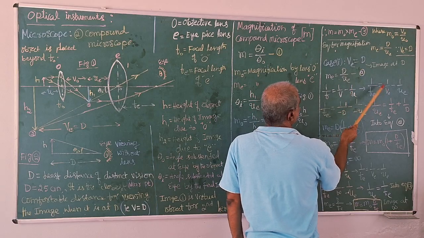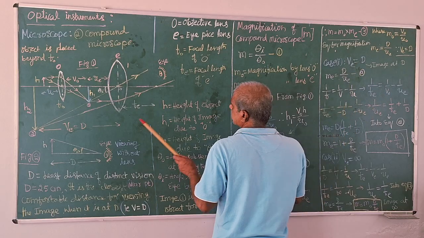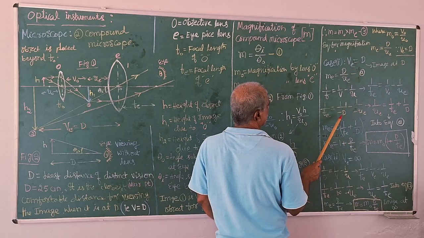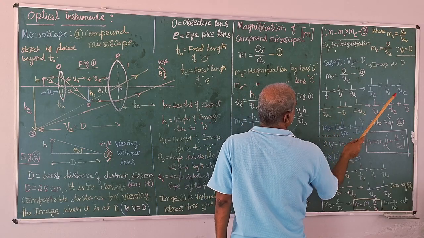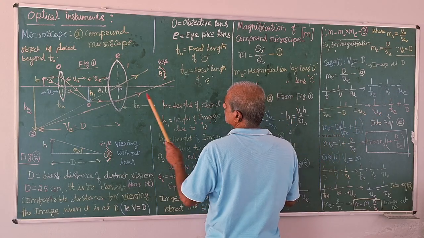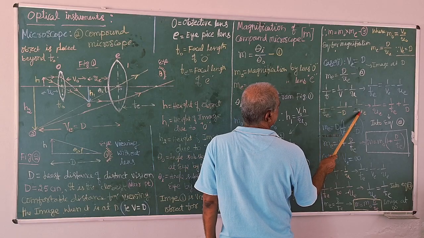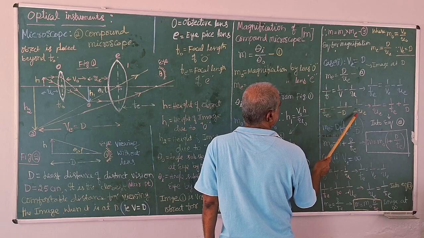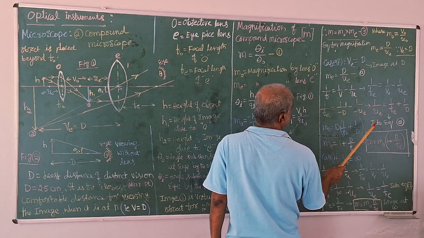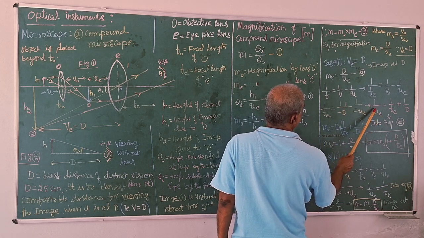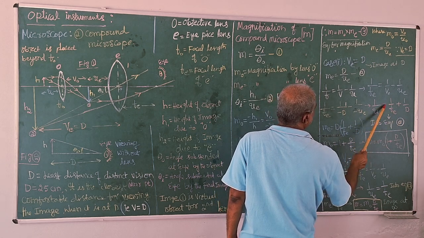Let us write v equals d for this. But d is minus in this direction, same convention. And u is u only, but the direction is this way, so minus u. This is the sign convention. Simplify, it becomes plus, minus. We take 1 by u is equal to this expression we get.